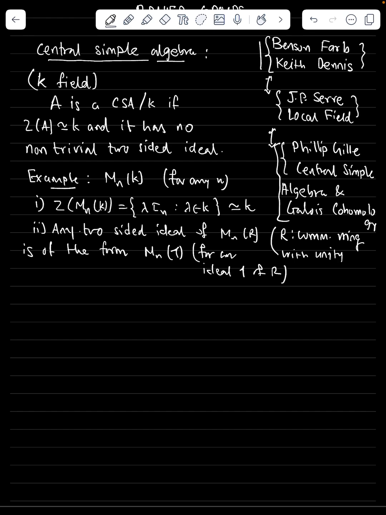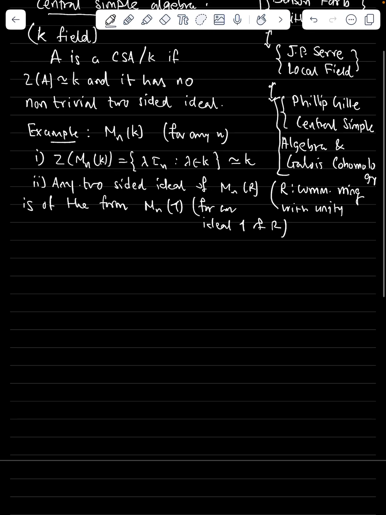It's a commutative ring, so any ideal is a two-sided ideal. In view of this statement, you see that M_n(K) is simple because K is a field, so it has no non-trivial ideal. So it's central simple.